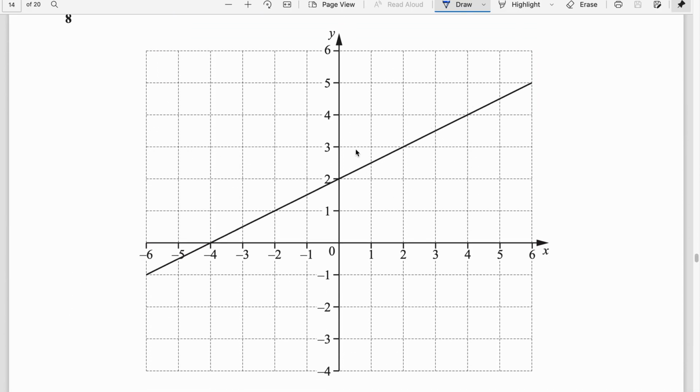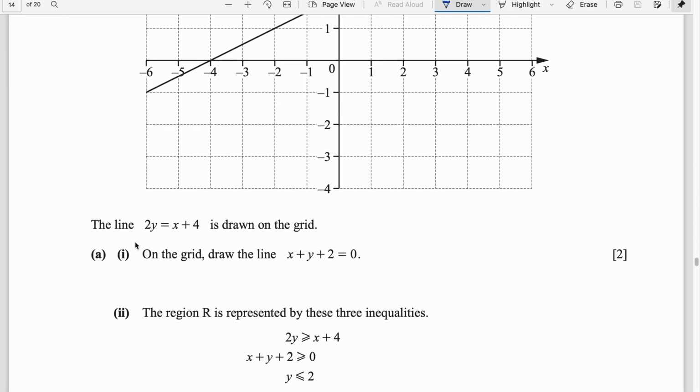Question number 8. The line 2y equals x plus 4 is drawn on the grid. On the grid, draw the line x plus y equals minus 2. So when we suppose x is 0, y is equal to minus 2. So 0, minus 2. And when we suppose y is 0, x is equal to minus 2.